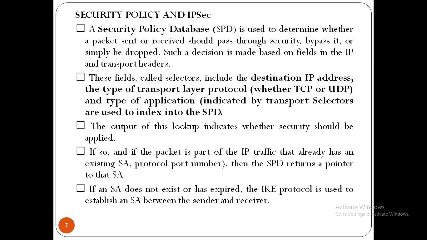Now for this, the SPD database needs to look at the fields of the IP or the transport headers. These fields are usually called selectors. Some of the fields included are the destination IP address, the type of transport layer protocol, whether TCP or UDP, and the type of application indicated by transport selectors, which are used to index into the security policy database.